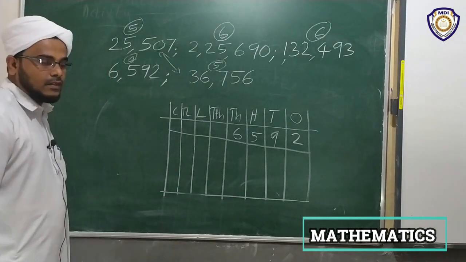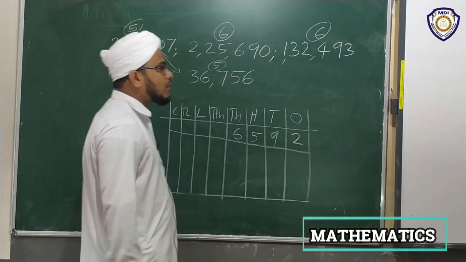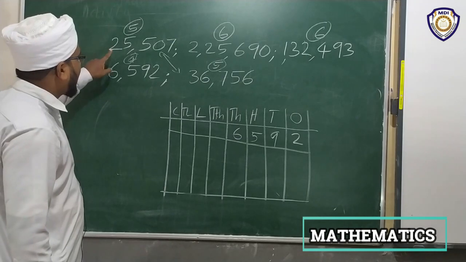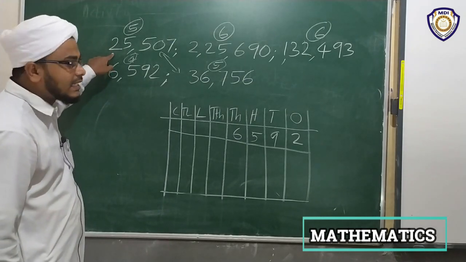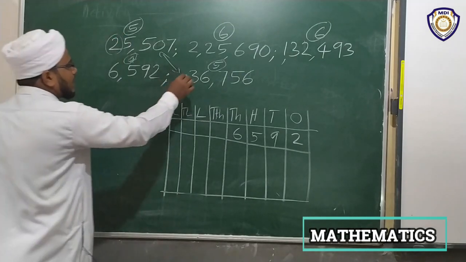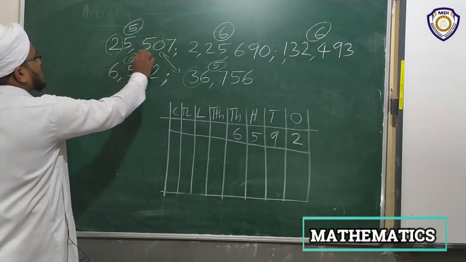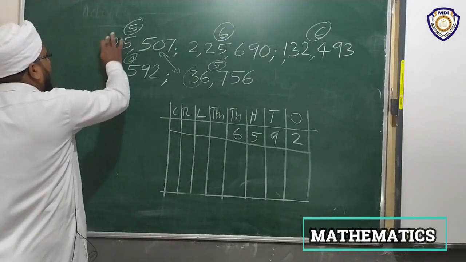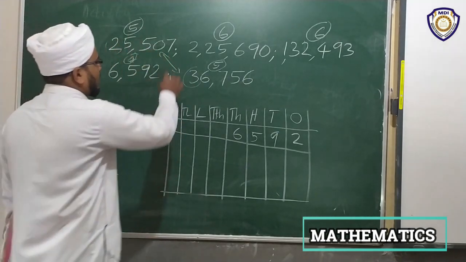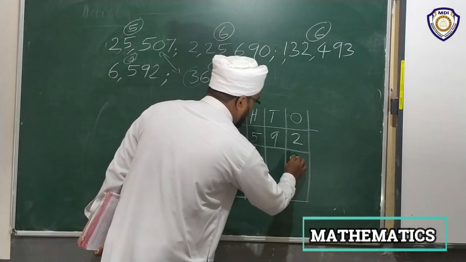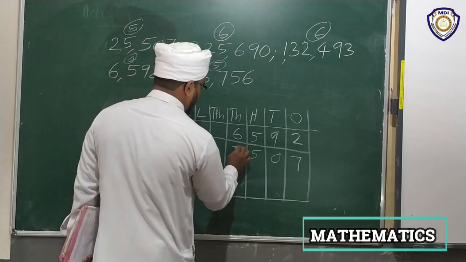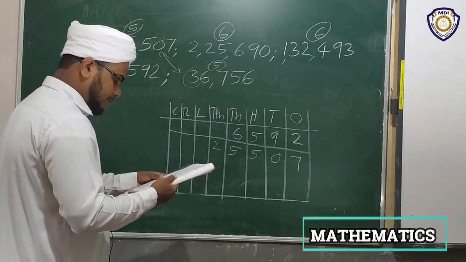Which is smaller? We take the left digits. Here the left digit is 2, here 3, so this is smaller than this number. So we take this number and write 7 in the place of ones, then 0, 5, 5, 2.